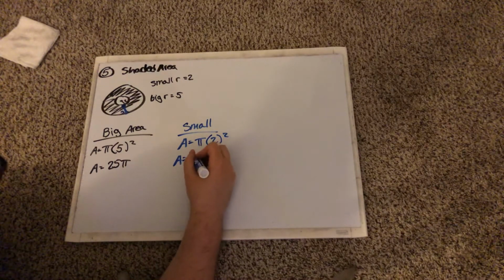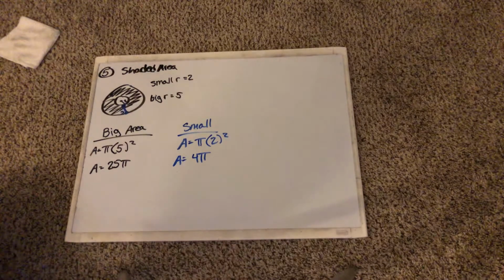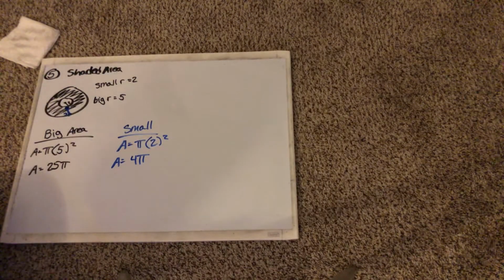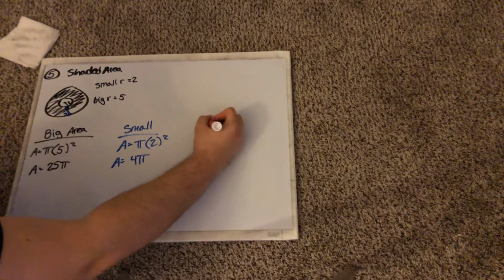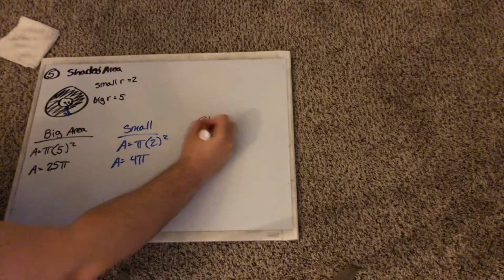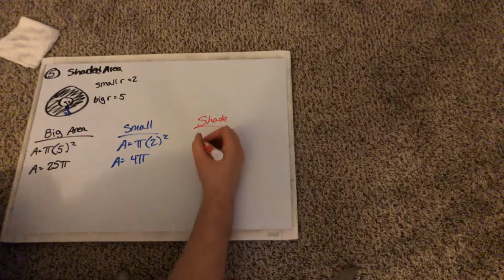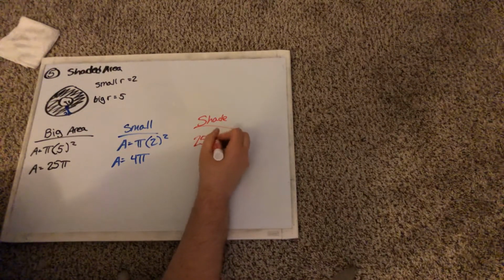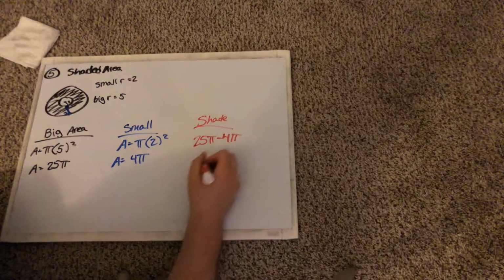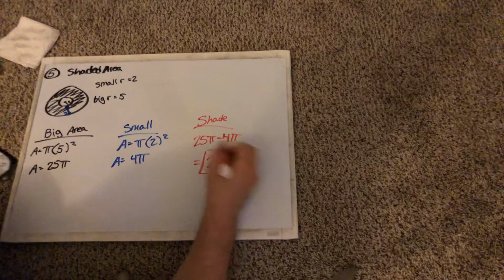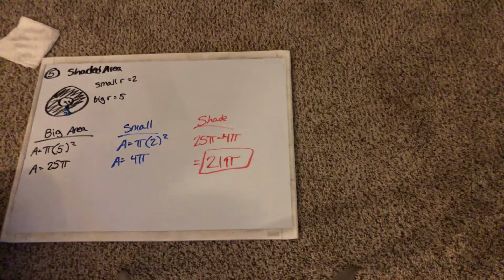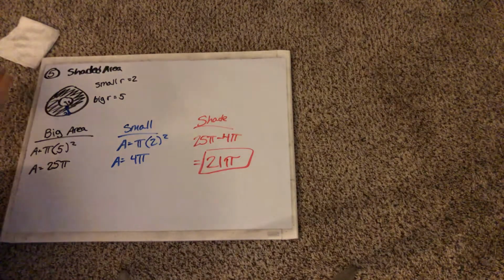Area of that is 4 pi. So to figure out the whole shaded area, I'm just going to subtract these two. 25 pi minus 4 pi is equal to 21 pi. Boom. We done with that.